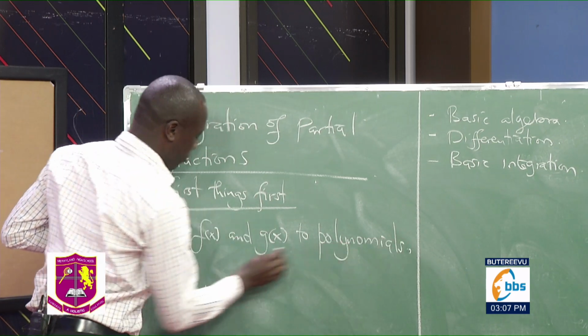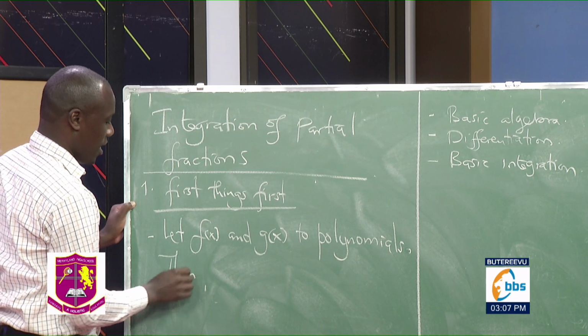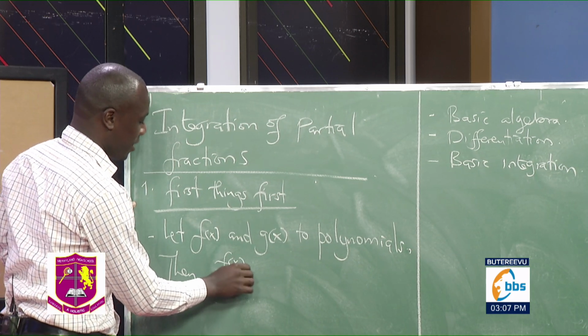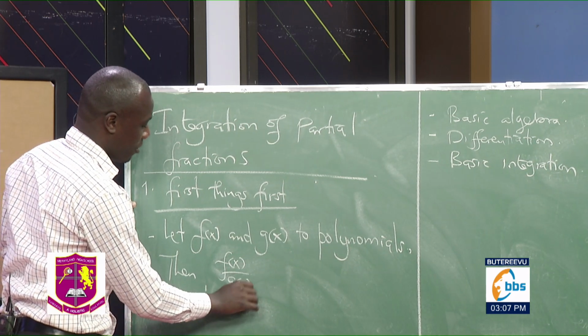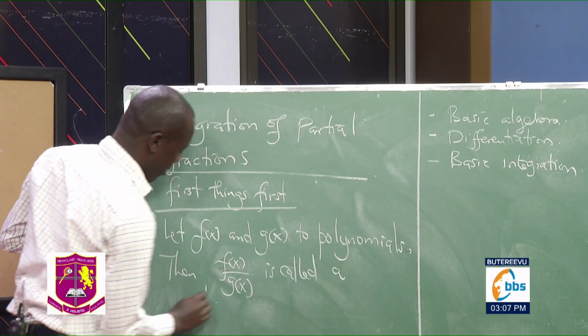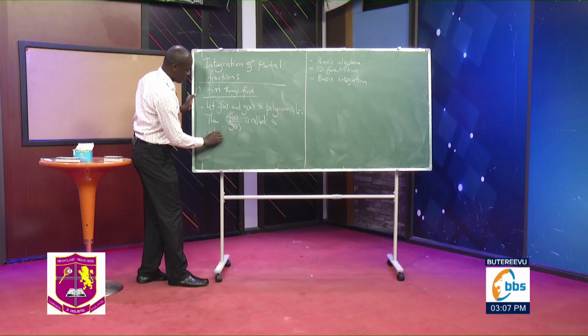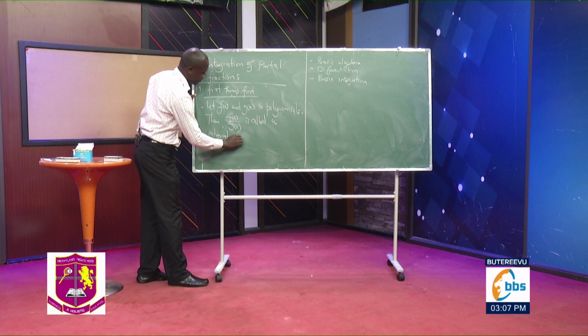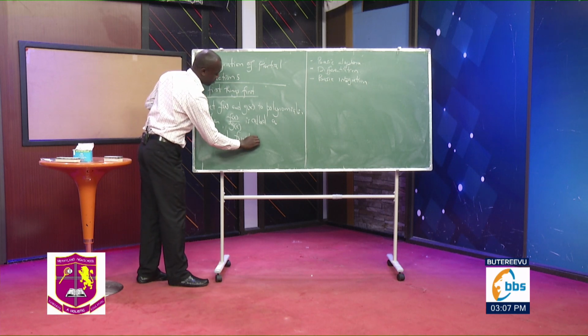Then this quotient of polynomials is called a rational function.